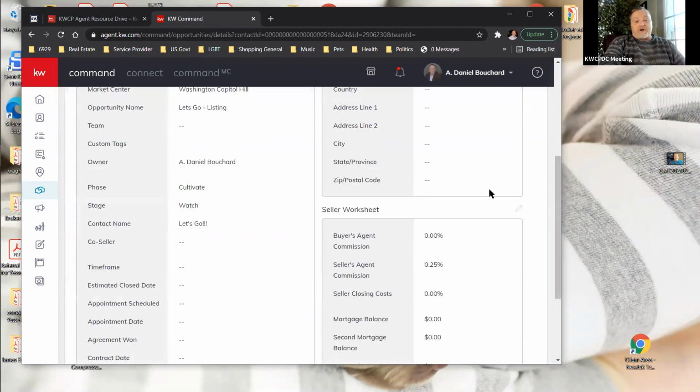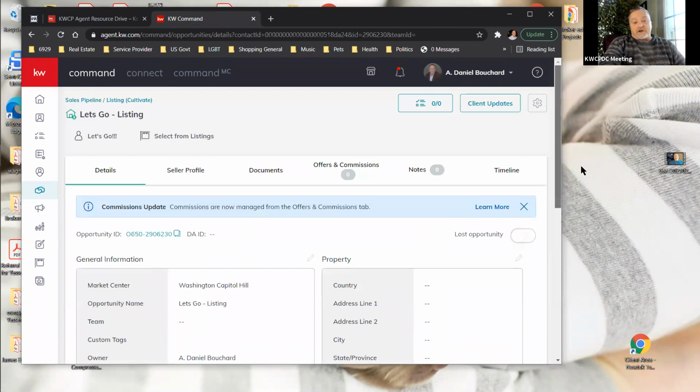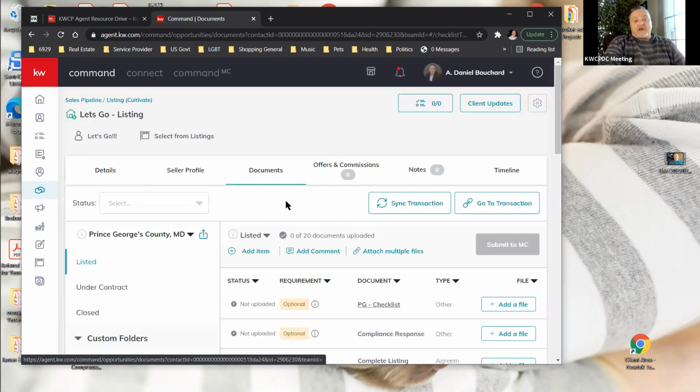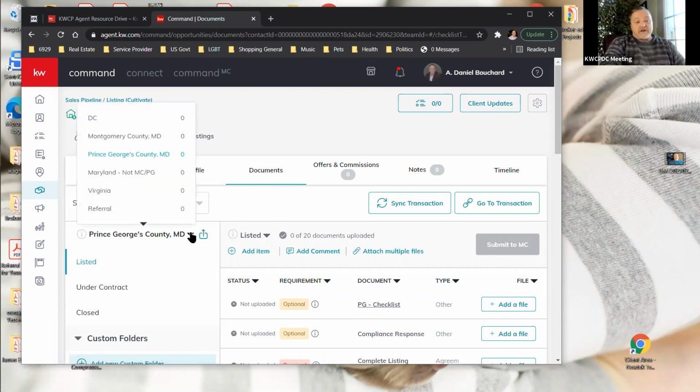You're going to fill out all of the forms here and the questions that are stated. This is going to help you with tracking your transaction. We're not going to focus too much on that because that's another class for tech ambassadors. So we're going to jump into the documents and select a jurisdiction here on the left-hand side.